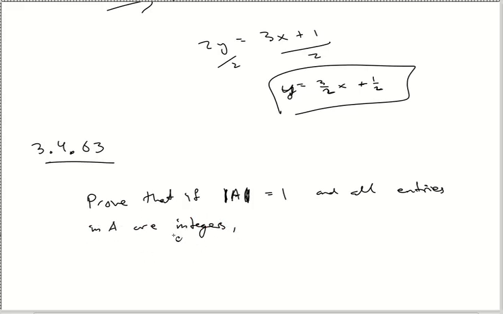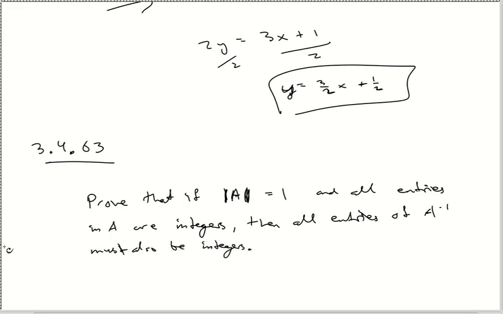Probably could have made that look cooler than writing it in English, but whatever. Then all entries, elements of A inverse must also be integers.